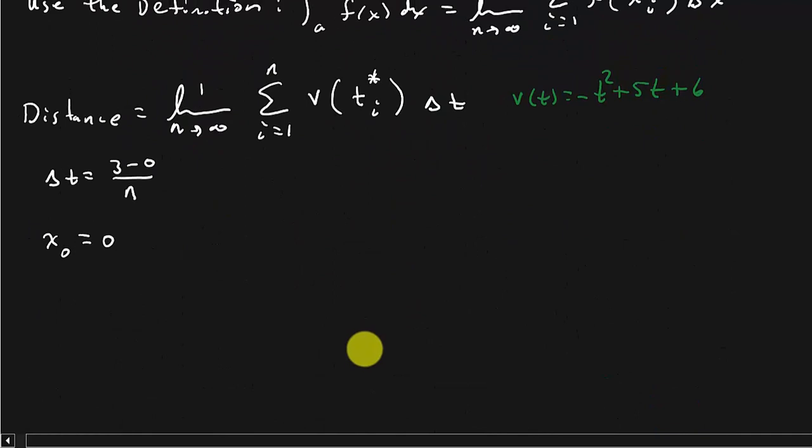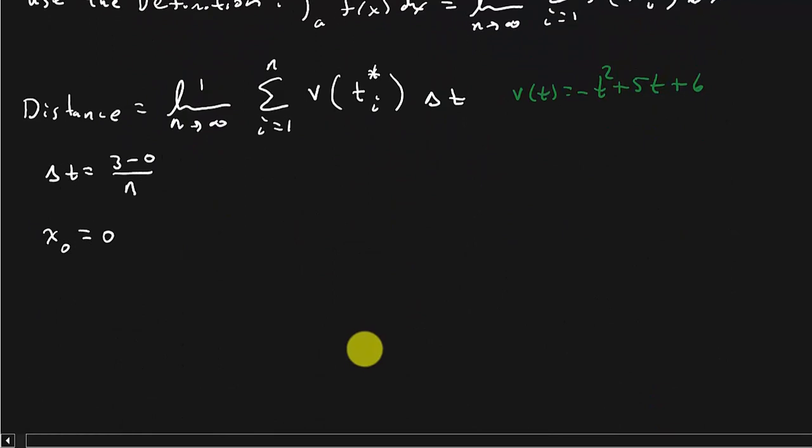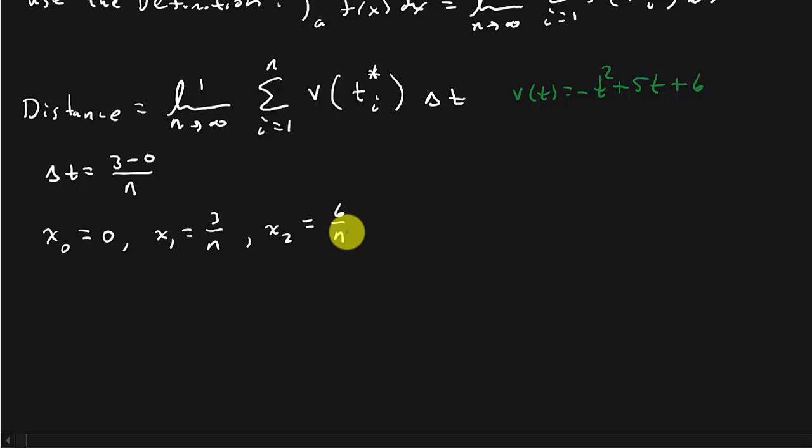And then we have x1 is equal to 3 over n, right? And then x2 is equal to 6 over n, because from 0, we go over 3 over n, and then another 3 over n. 3 over n plus 3 over n is 6 over n. And then if we go over another 3 over n, we would have x3 is equal to 9 over n.